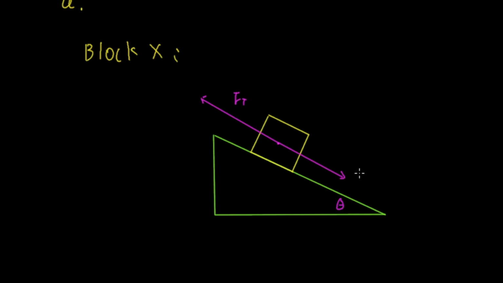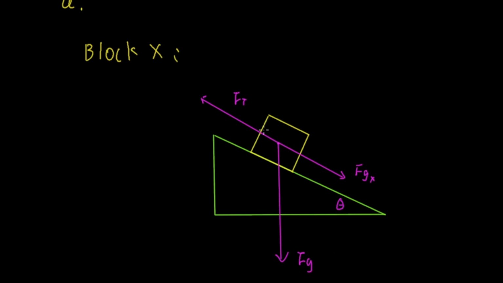But this is the x direction, so I would say this is Fg sub x, the force of gravity in the x direction. And of course, there's always the force of gravity pulling downward like this. So this is the Fg, the force of gravity. Now what else?